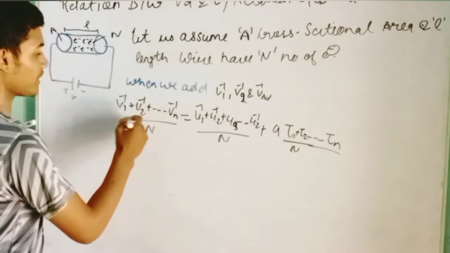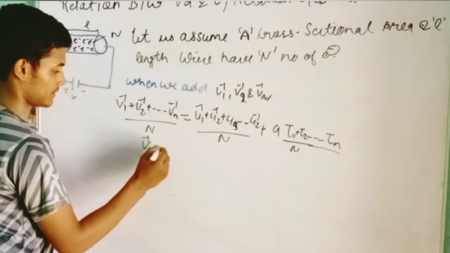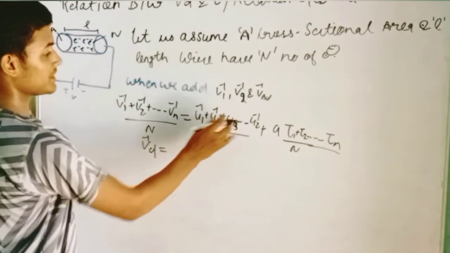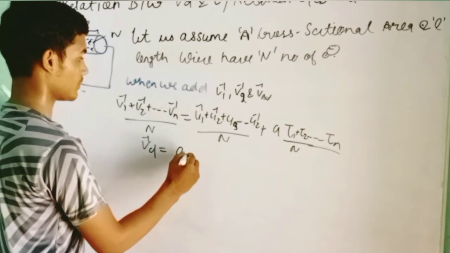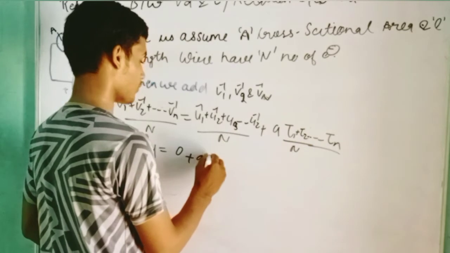So v into n, that is vd, we know that is vd. Now the u terms average to 0, plus a tau, and the average tau is equal to tau.